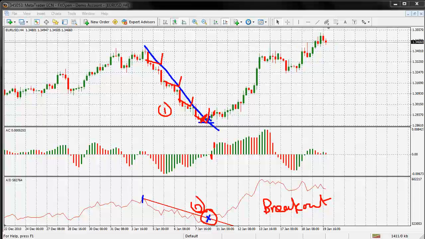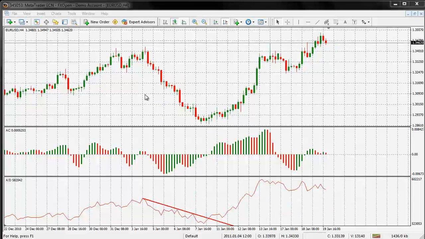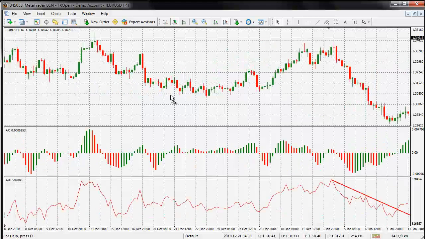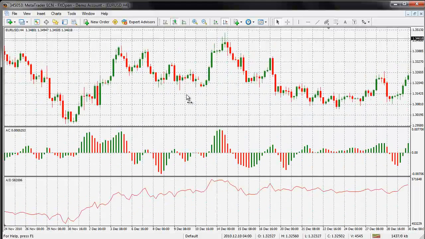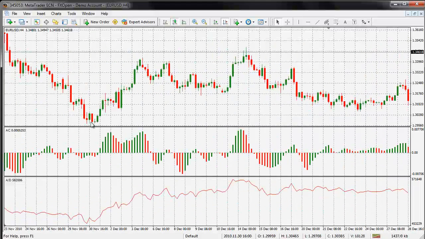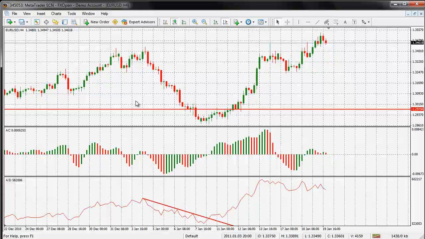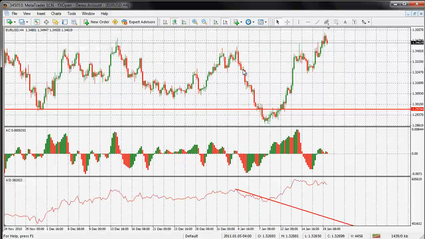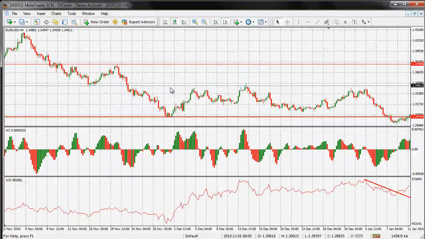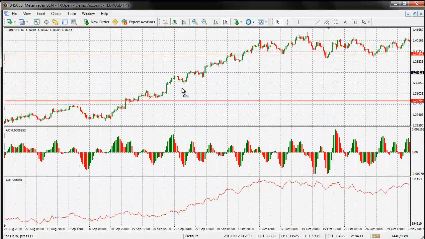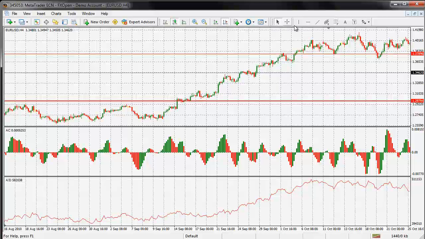Alright, let me just clear some of that off the chart, and let's just scroll back a little bit. Here is the first bottom that we had. Let's come back over the bottom, and this one did penetrate the bottom a little bit, so let's just zoom out a little bit more so we can see some more information. And here is another bottom.